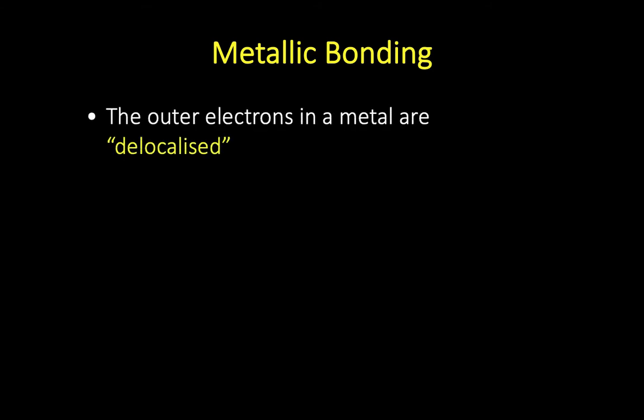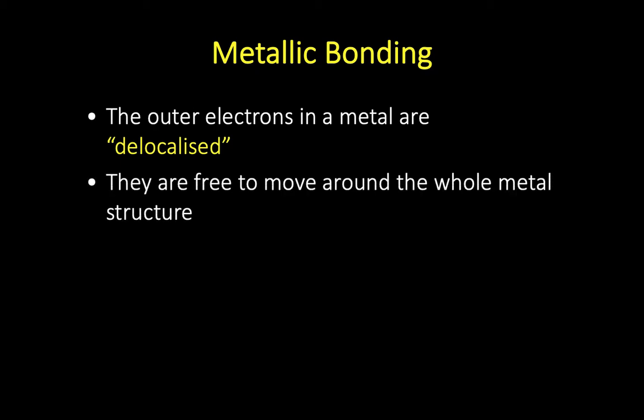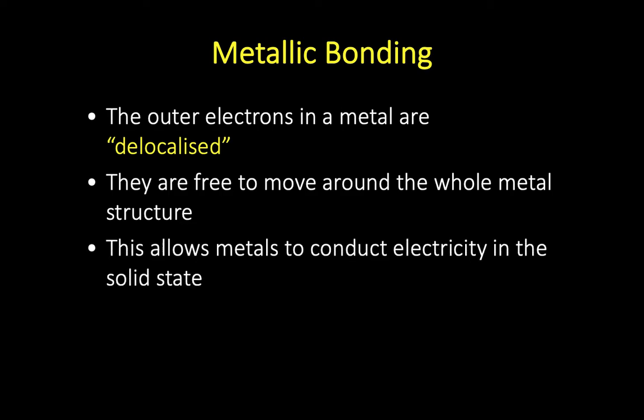So the outer electrons, the electrons furthest away from the nucleus in a metal, are what's called delocalized. They're free to move around the whole metal structure, they're not tied down to one atom. And this is what allows metals to conduct electricity when they are solid.